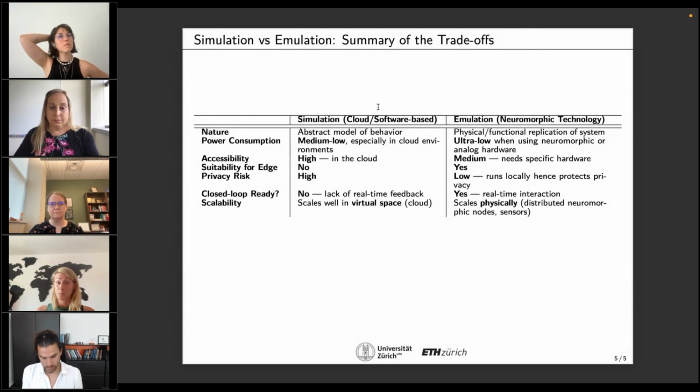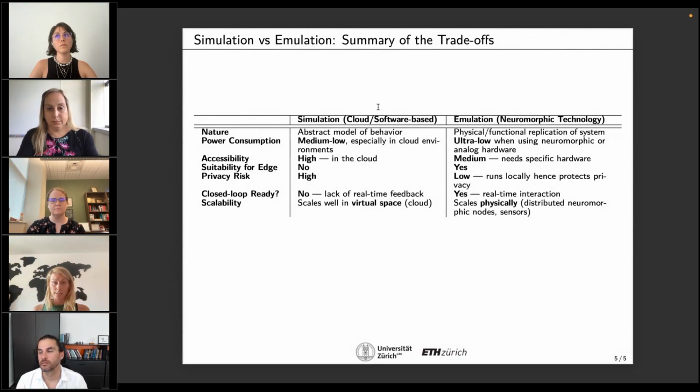However, the accessibility is pretty high because everyone can access a cloud, but you cannot really work at the edge, or maybe only partially. There are risks for privacy because you move data around. It becomes problematic to build something real time, and there is scalability, but it is a virtual scalability. So you have this virtual system.